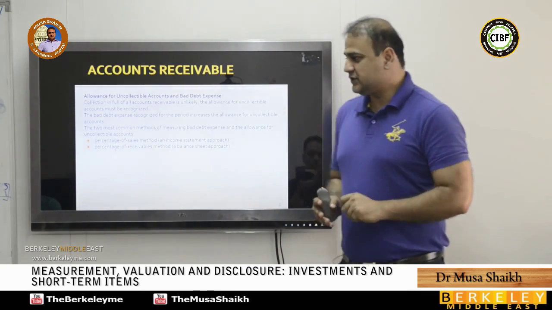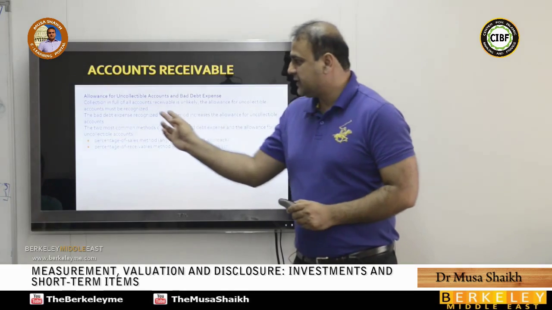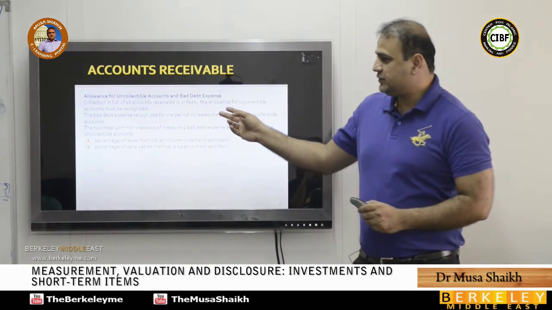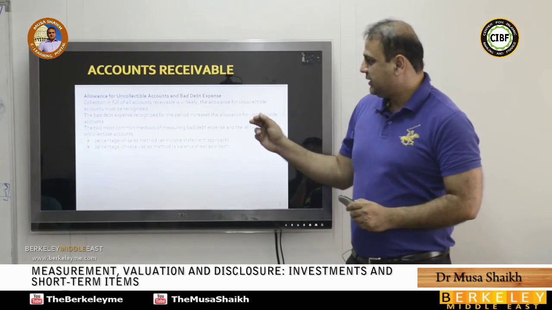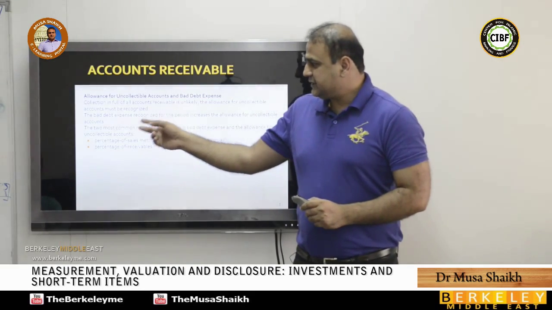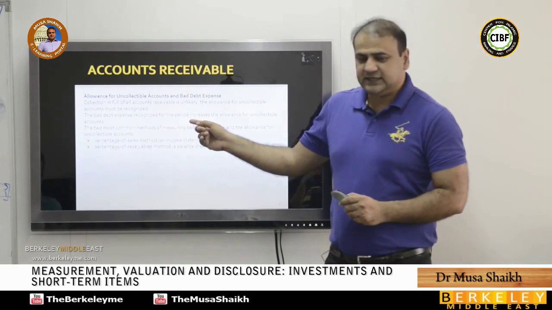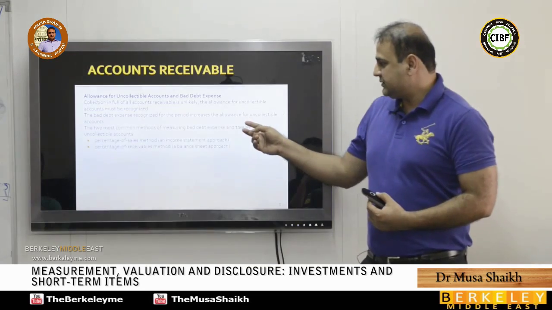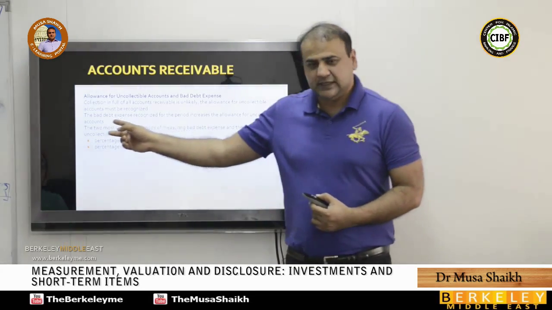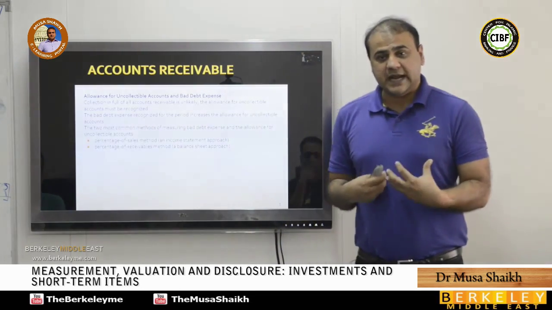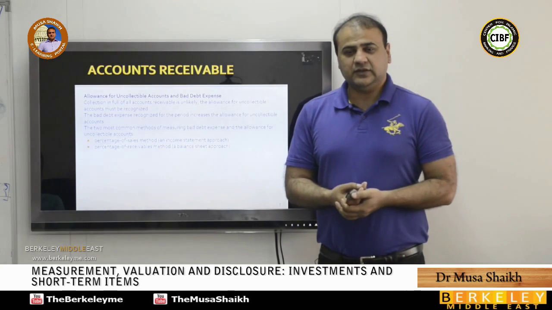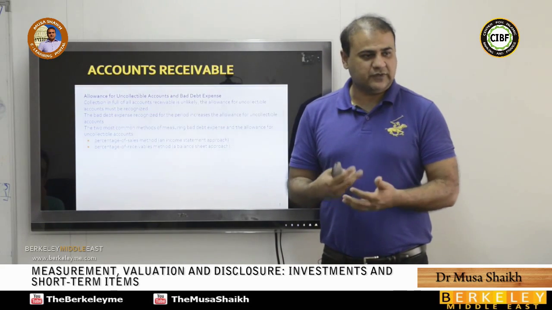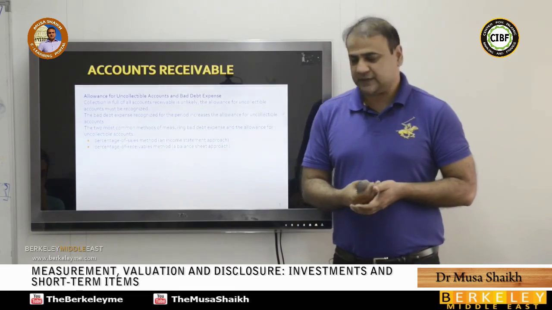This is the concept of the provision. Collection in full of all accounts receivable is unlikely, so we put a provision. He says bad debt expense recognized for the period increases the allowance for uncollectible accounts. So as your bad debts are increasing, on the other hand, allowance for doubtful debt is also increasing.